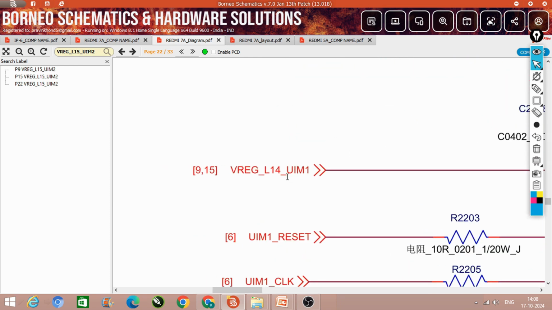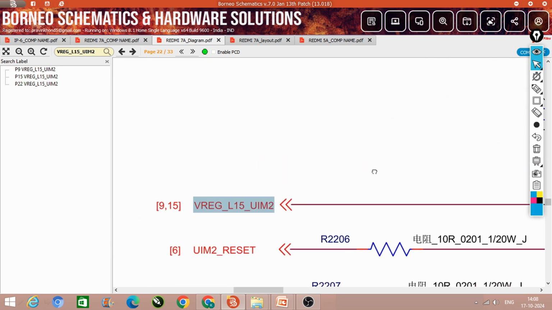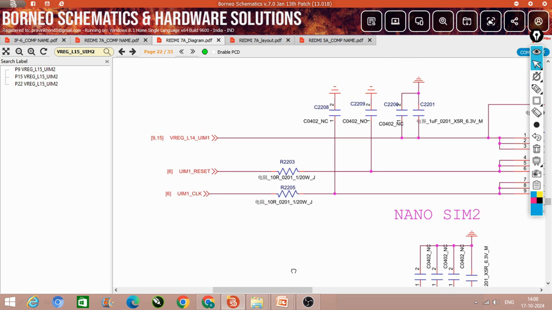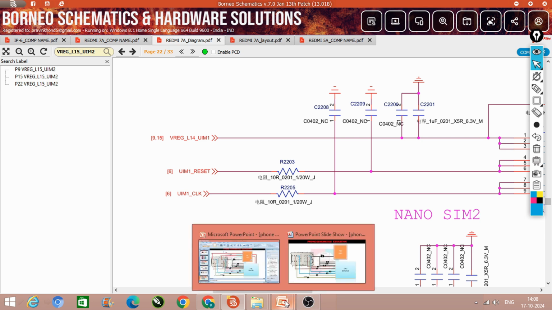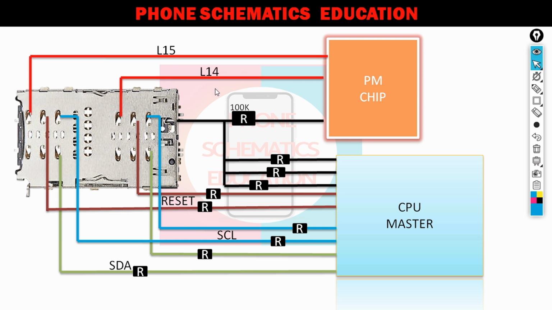The same one voltage comes from LDO 14 and the same one comes from LDO 15. Both voltages come from the power IC. Let me explain to you in a diagram. First we make the diagram. After this, two lines from L14, L15. Here, SIM1, SIM2, LDO 14. Both lines come from the power IC. The power IC produces many LDOs.